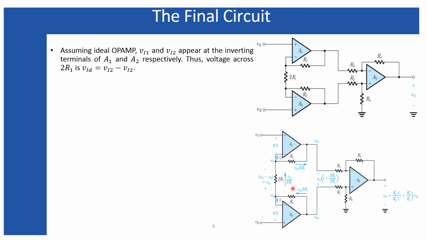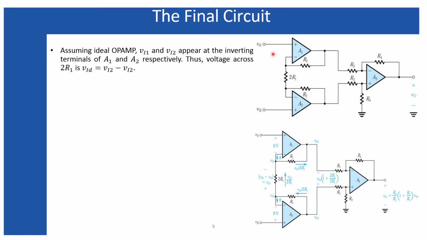The current distributions through each of these resistors are shown in the circuit below, and these currents can be found as follows. Here I am assuming that these three operational amplifiers are ideal in nature, so A1, A2 and A3 are infinite.